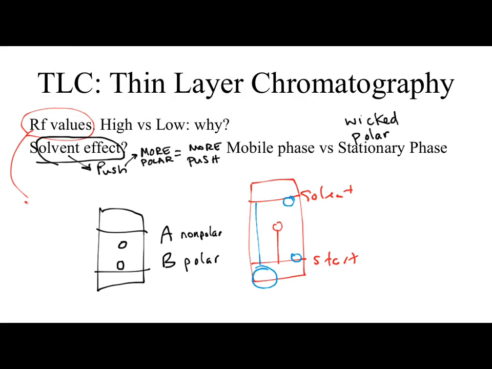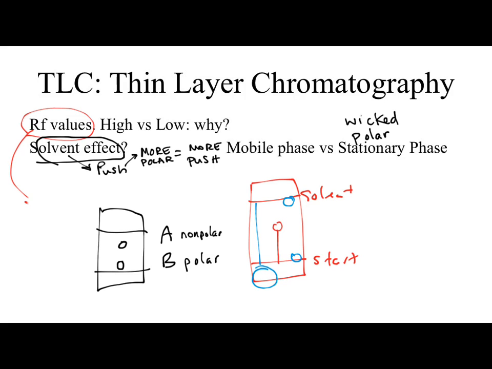What happens if I make it a nonpolar solvent? Everything moves less far. What happens to the order? Still stays the same. So where it gets confusing: more polar solvent, what happens to your RF? It goes up.